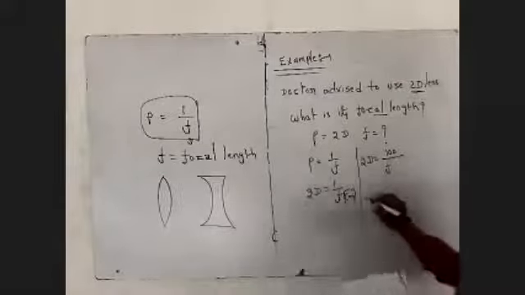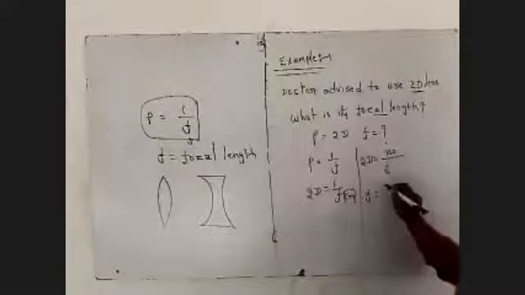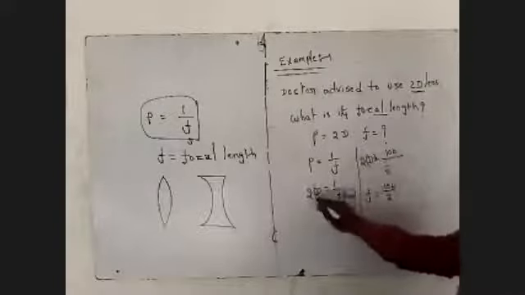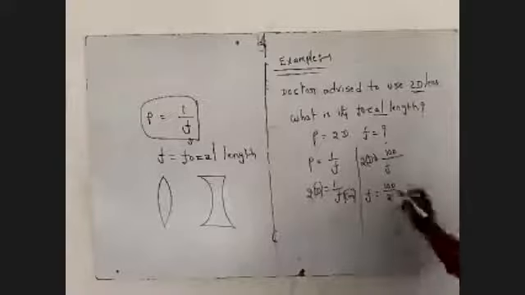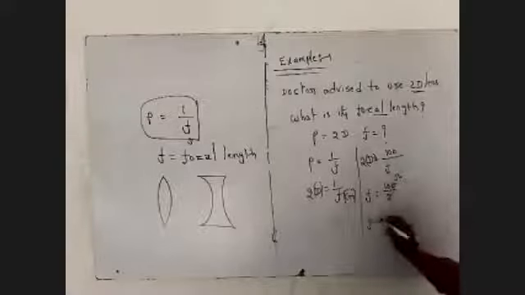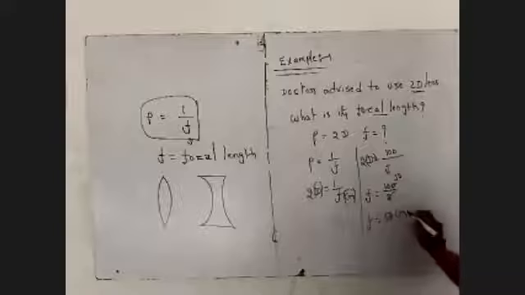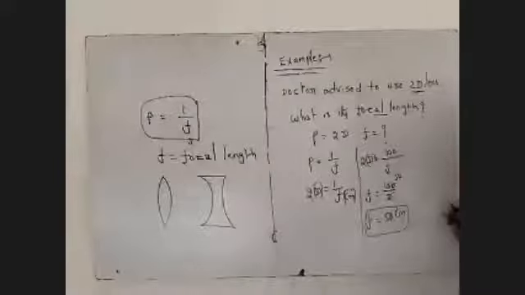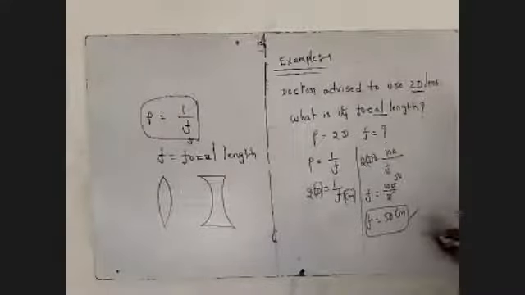So F is equal to 100 by 2. Don't take the unit here. Two ones are 50. So F is equal to 50 centimeters. This is your answer. The focal length is 50 centimeters.